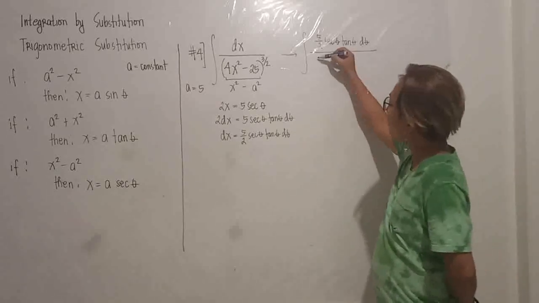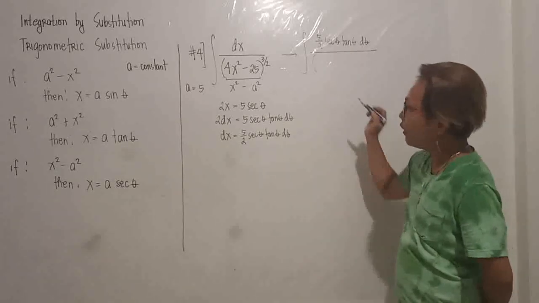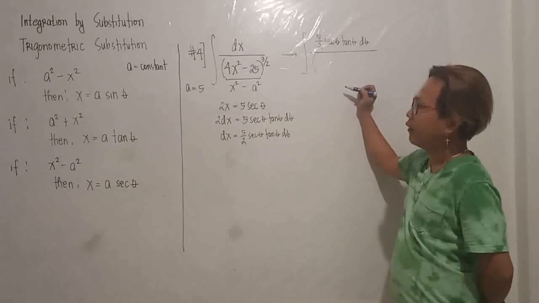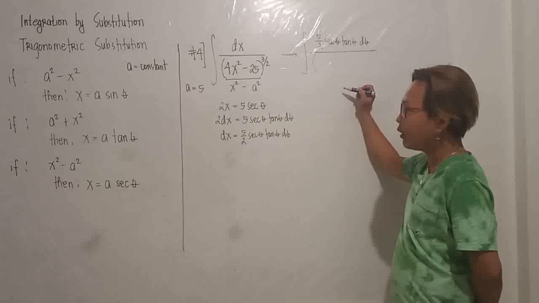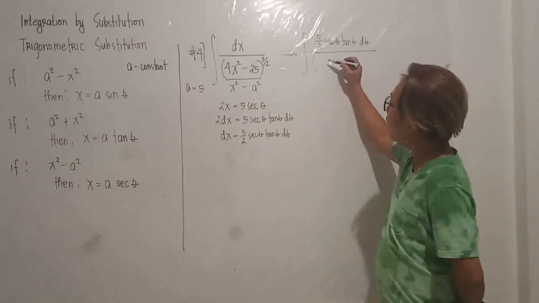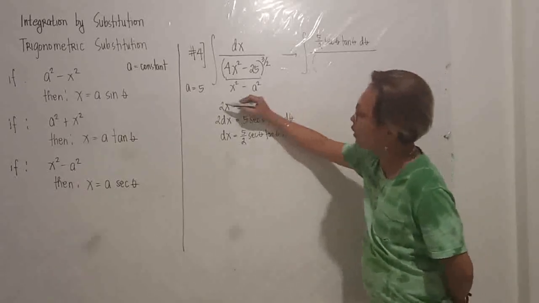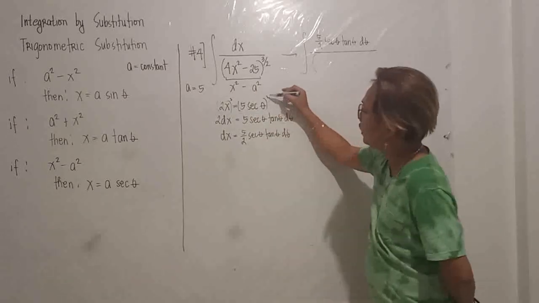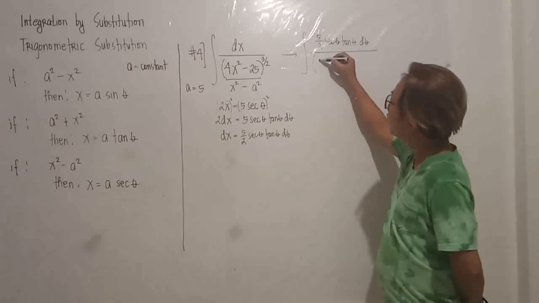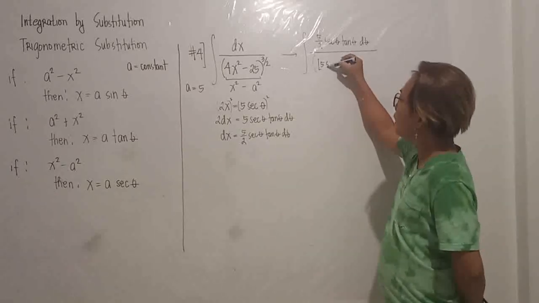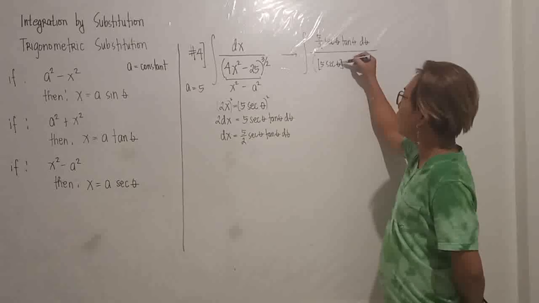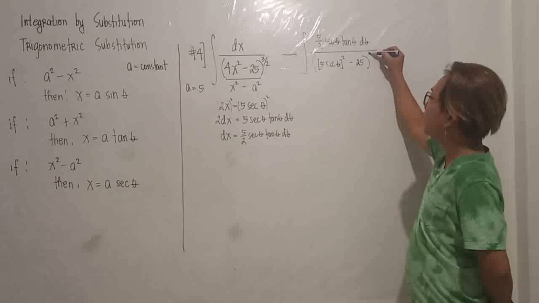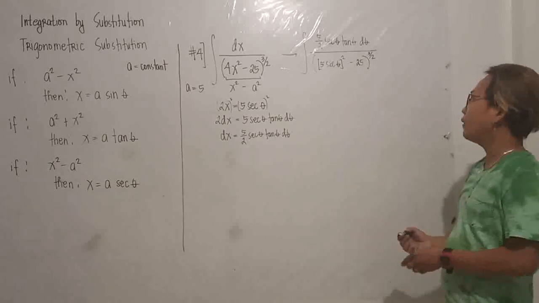Then you will now have, this is 4x squared. 4x squared is the square of 2x. So you will have 2x squared. So you will have 5 secant theta squared minus 25 raised to 3 halves.